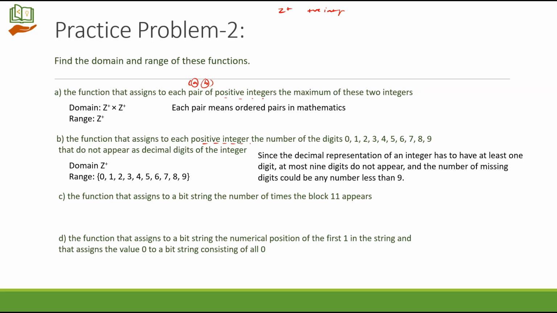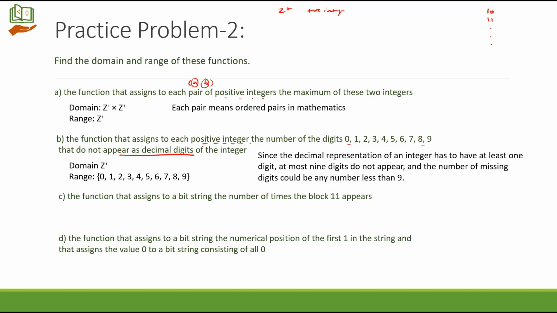Since the decimal representation of an integer has to have at least one digit, at most 9 digits do not appear. The number of missing digits could be any number from 0 to 9, less than 10. They do not appear as decimal digits of the integer.